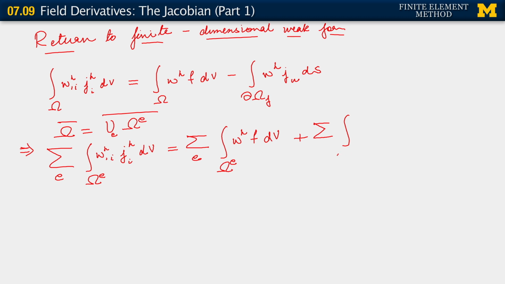Remember that now it has to be over elements that have a surface coinciding with the Neumann boundary, wh jn, and I've got to be careful with signs because this is not a plus, it's a minus, ds.